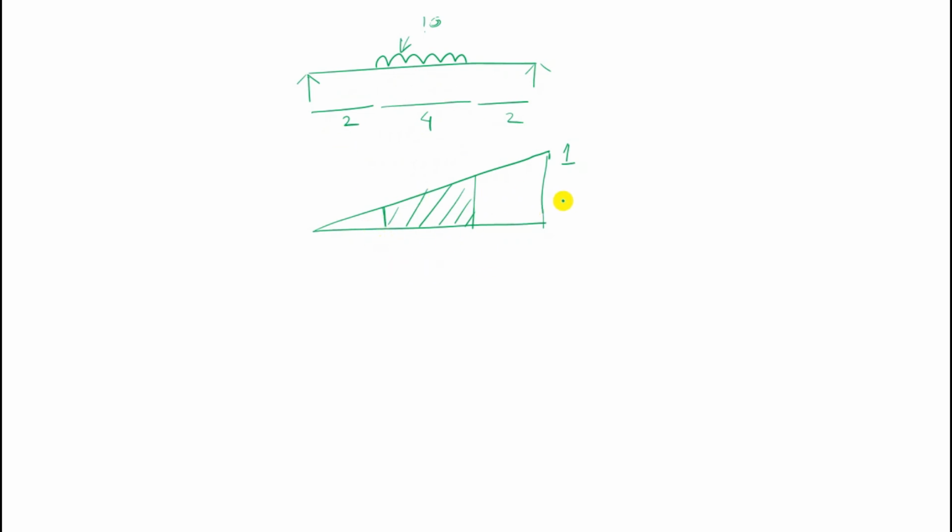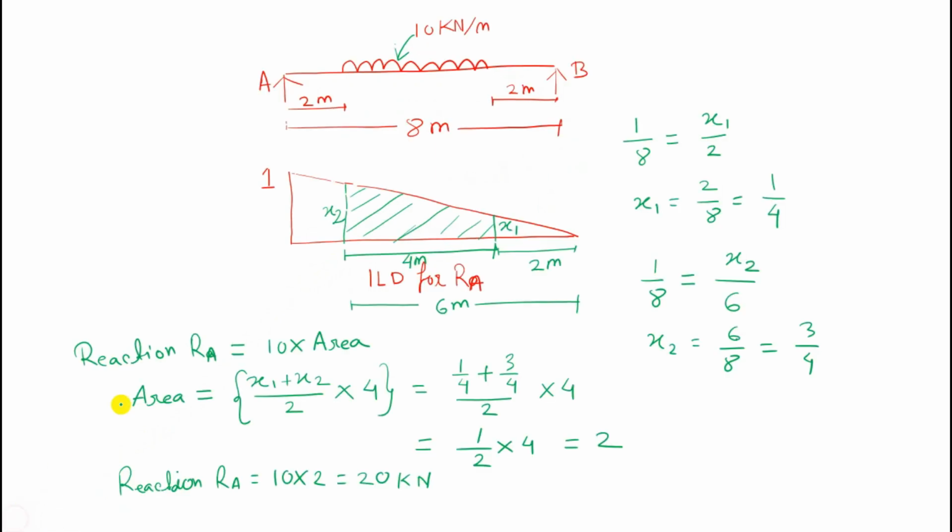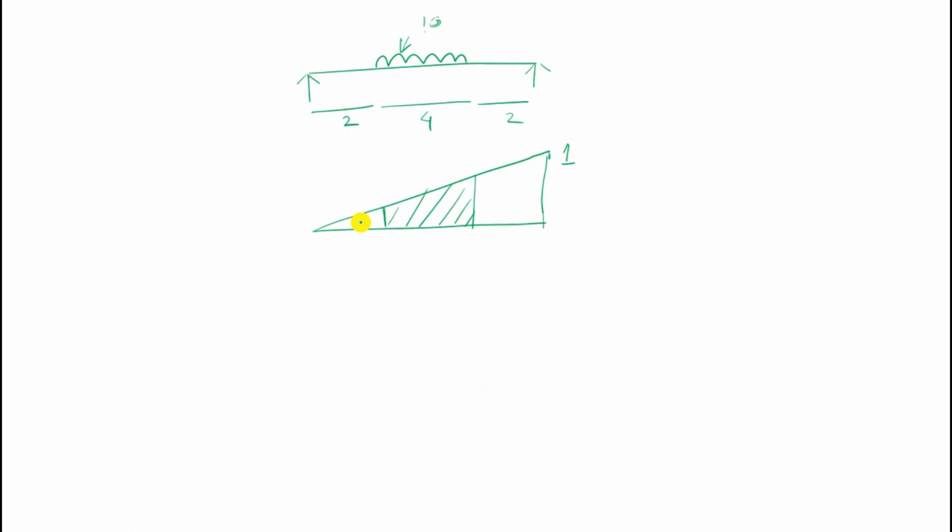That's why the reaction RB will be the same as RA. So x1 and x2 will be the same. x1 will be 1 by 4. So this distance will be 1 by 4, and this distance will be 3 by 4. So the total area will be 2. So now RB will be 10 multiplied by 2, that is 20 kilonewton.